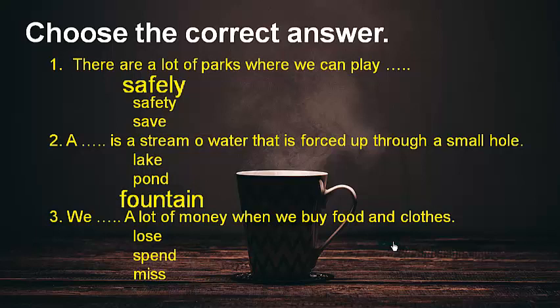It can be made by people. Alright. Number 3, we what a lot of money when we buy food and clothes. So when you buy food, you lose money, you miss money. Of course not. You spend money. We spend a lot of money when we buy food and clothes.